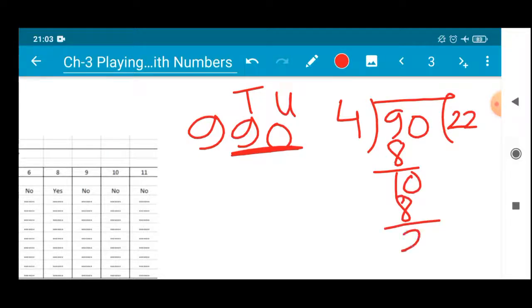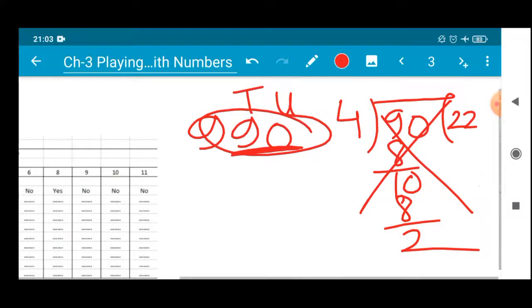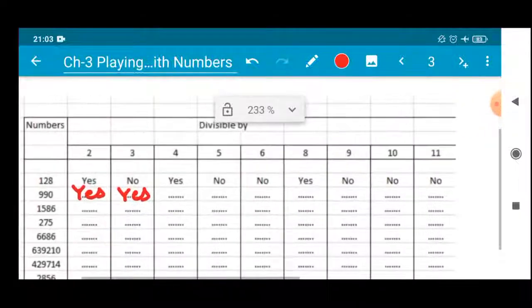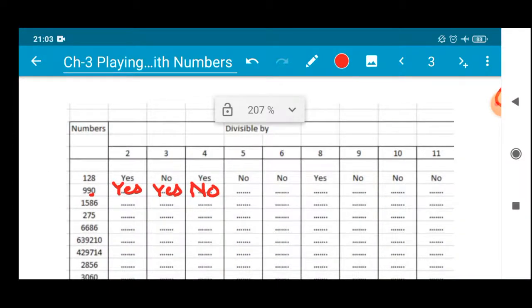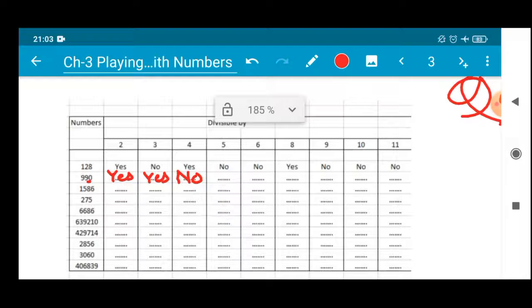So you can see that you are getting a remainder, so it is not divisible by 4, and the whole number will also not be divisible by 4, so you will write no here. Why? Because the last 2 digits, 90, are not divisible by 4. You got a remainder other than 0, that's why 990 is also not divisible by 4.